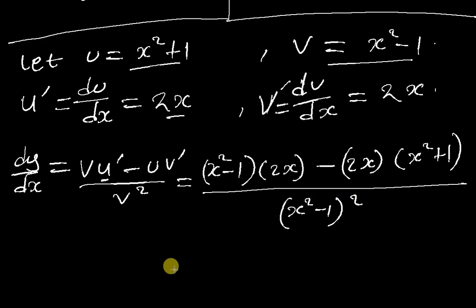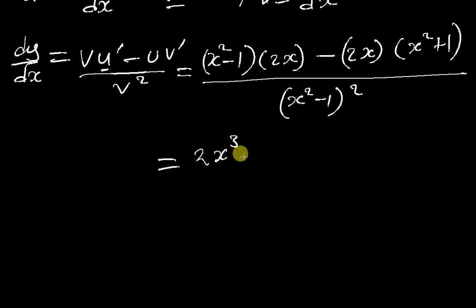So we just need to simplify the expression. That's the remaining part. So 2x times x squared will give you 2x to the power 3. And then 2x times negative 1, we get negative 2x.